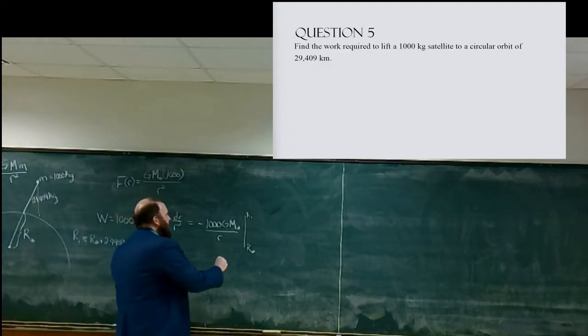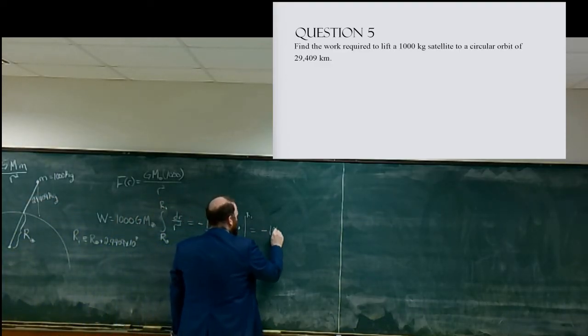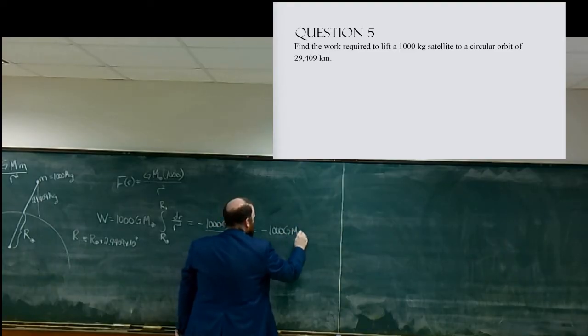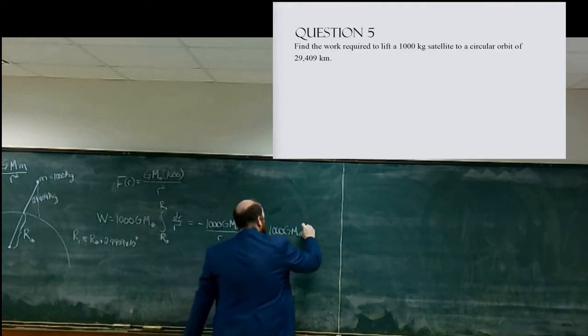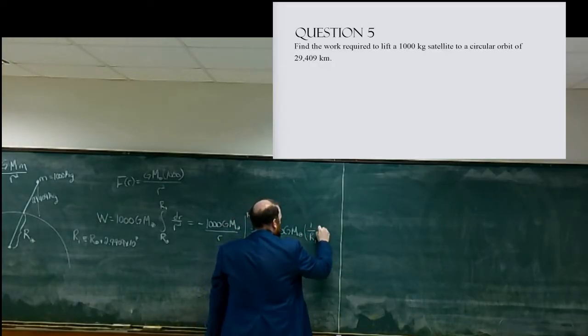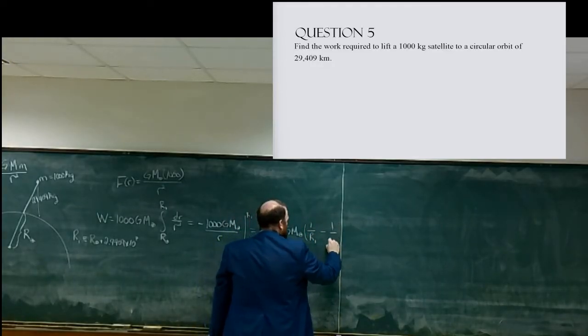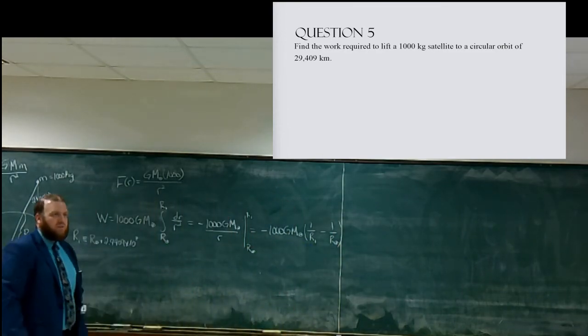So what this is going to equal is negative 1000 G times the mass of the Earth times 1 over R1 minus 1 over the radius of the Earth.